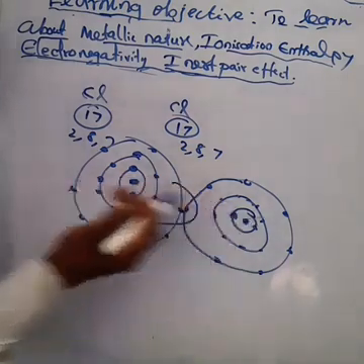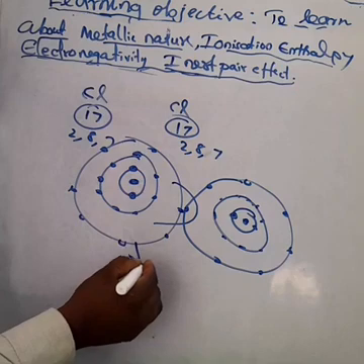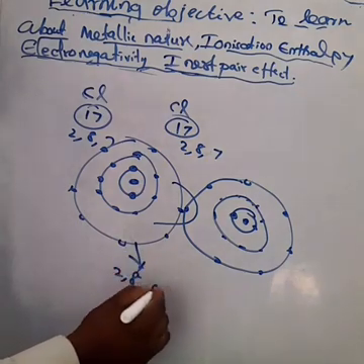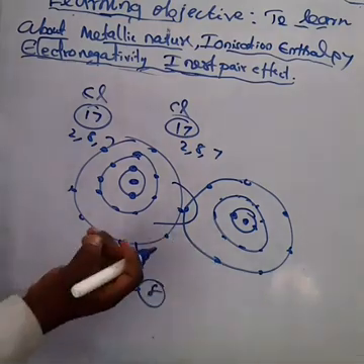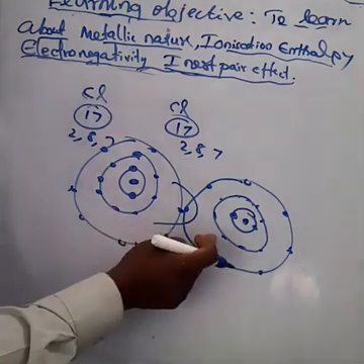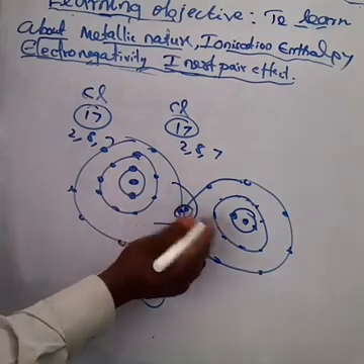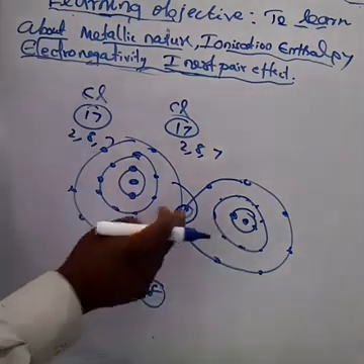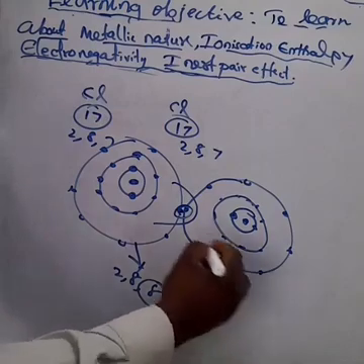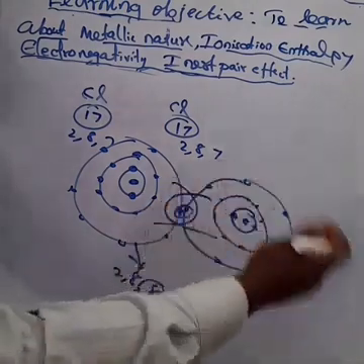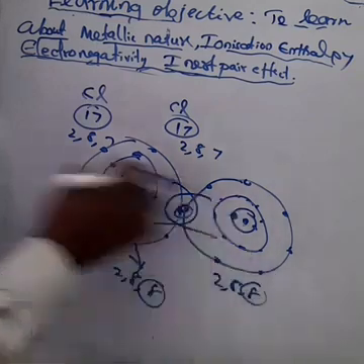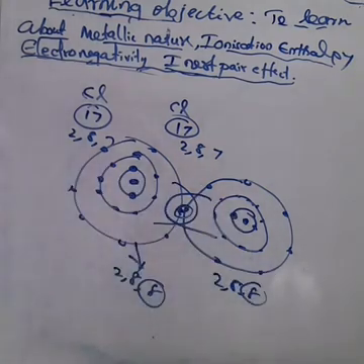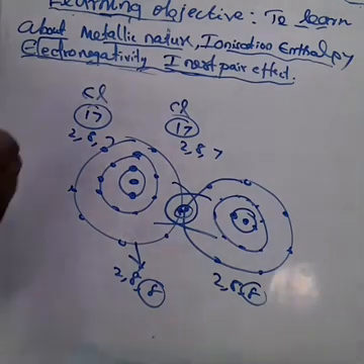To attain the stable electronic configuration, that is 2, 8, 8. For getting this 2, 8, 8, this chlorine attracts the shared pair of electrons towards itself, and this other chlorine atom also attracts the shared pair of electrons towards itself. So that is what we call electronegativity.